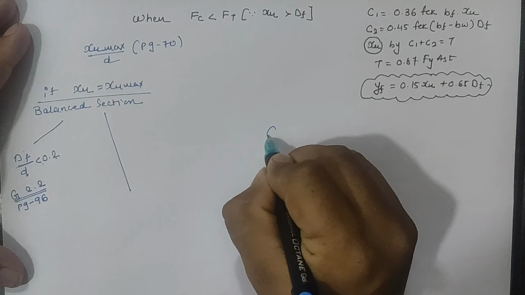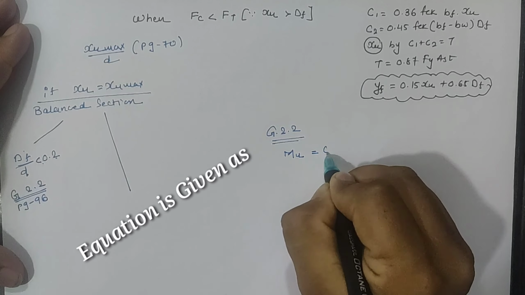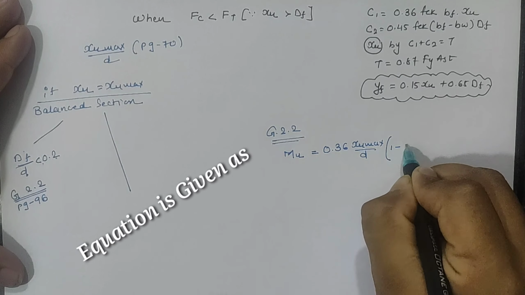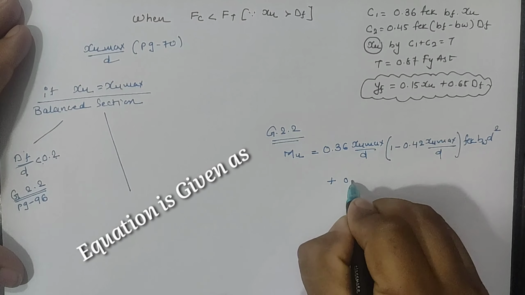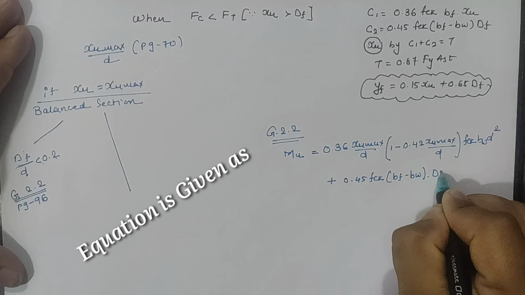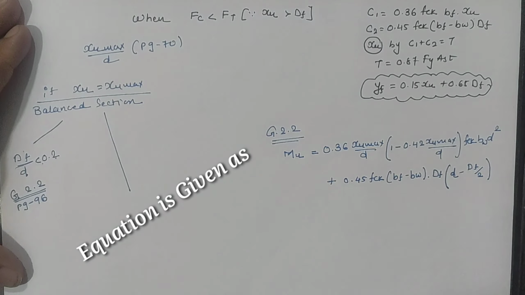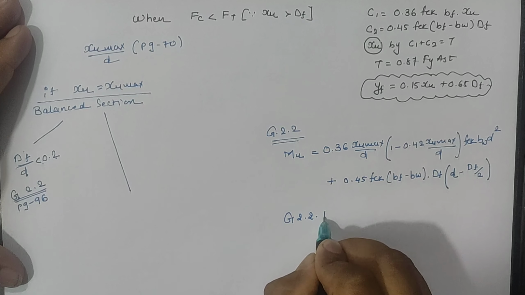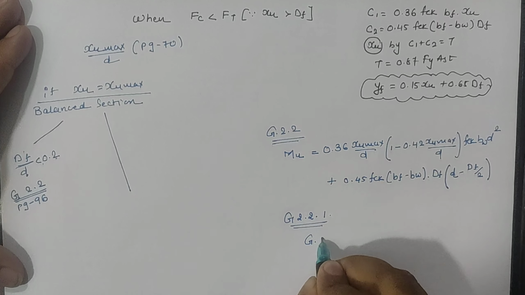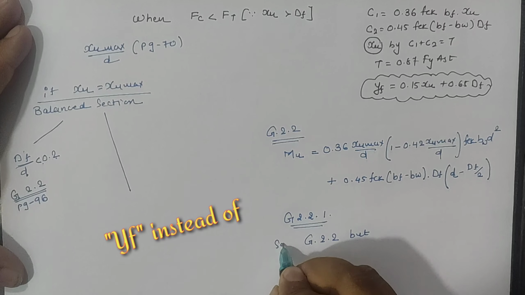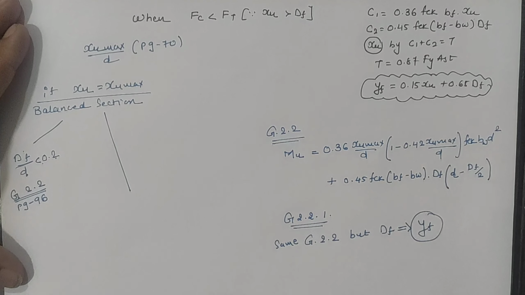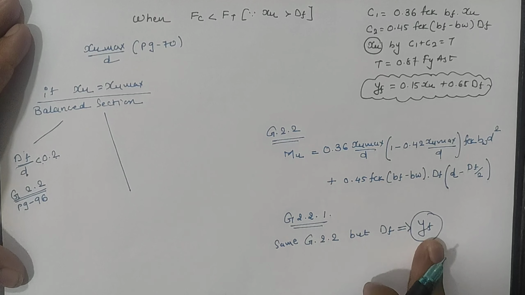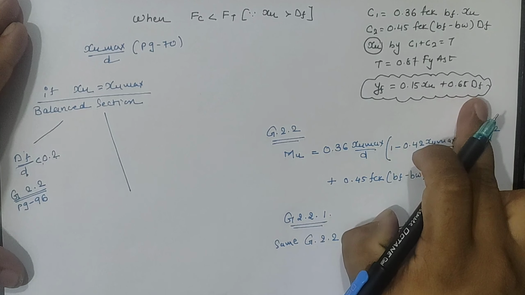Equation G 2.2.1 is the same as G 2.2, but instead of DF we have to put YF, where YF is equal to 0.15 XU plus 0.65 DF.